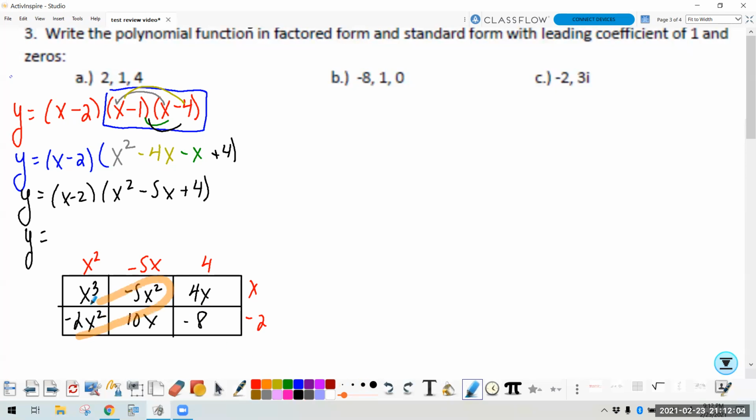We have our like terms on the diagonals. So our final standard form answer is x to the third minus 7x squared plus 14x minus 8.